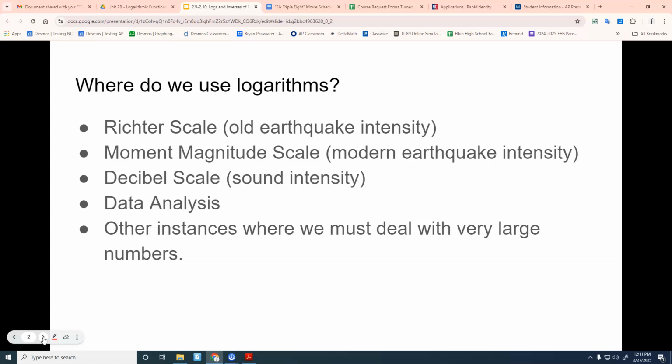Logs have a lot of really cool uses. Obviously, your parents are not using logarithms to balance their checkbooks or pay their bills. This is not something that people use in everyday life. But there are a lot of instances, specifically in science and data analysis careers, where logs are used heavily.